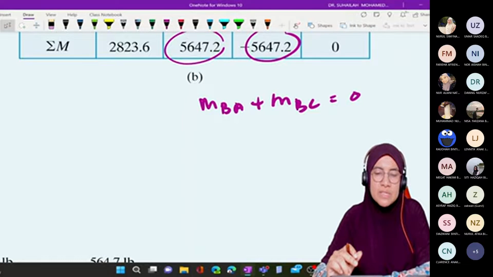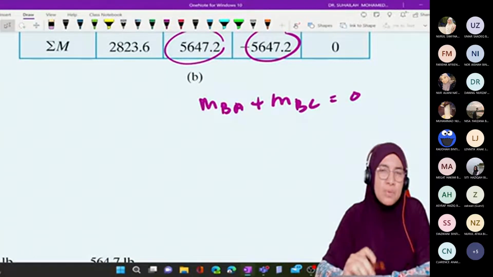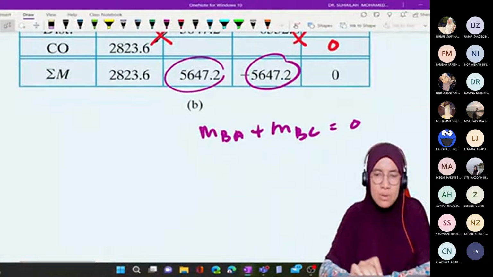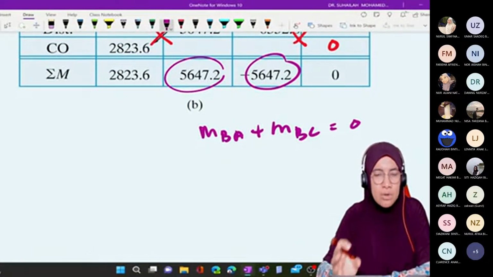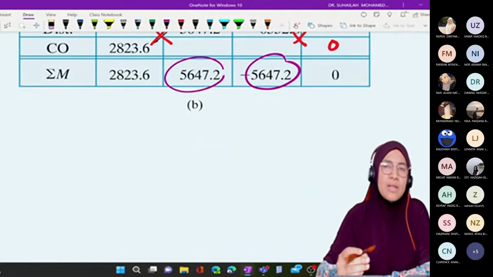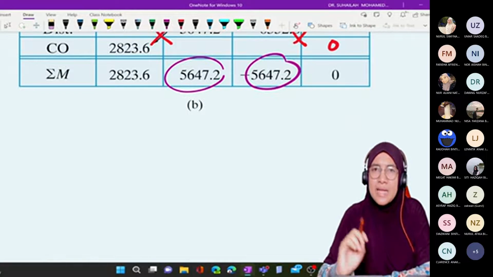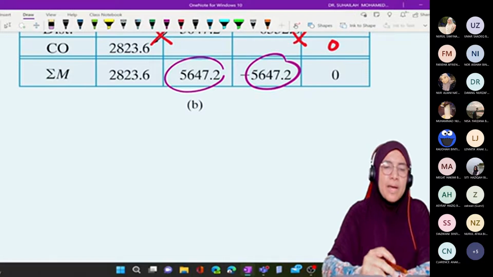Under slope deflection equation, we will understand why these two values will always be like this: same value, opposite condition. One negative, one positive. And from this value, we can actually identify the position of the moment in the bending moment diagram.